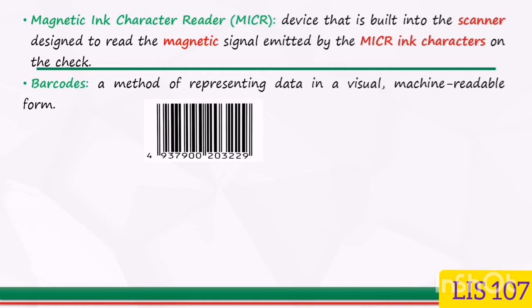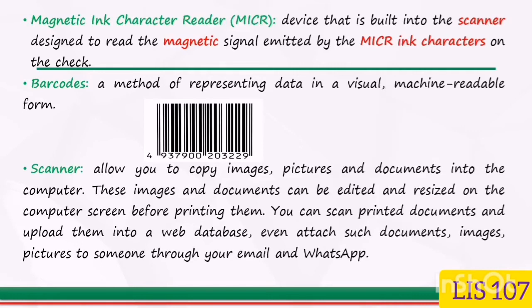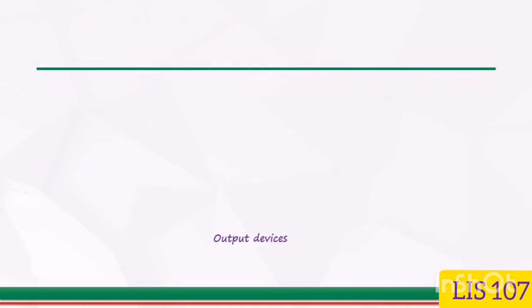When you scan this barcode that is on this image right now, it's going to direct you to information. So a barcode embeds data, and when you scan it, it brings out the information. We also have the scanner. A scanner can also help us copy images into the computer.